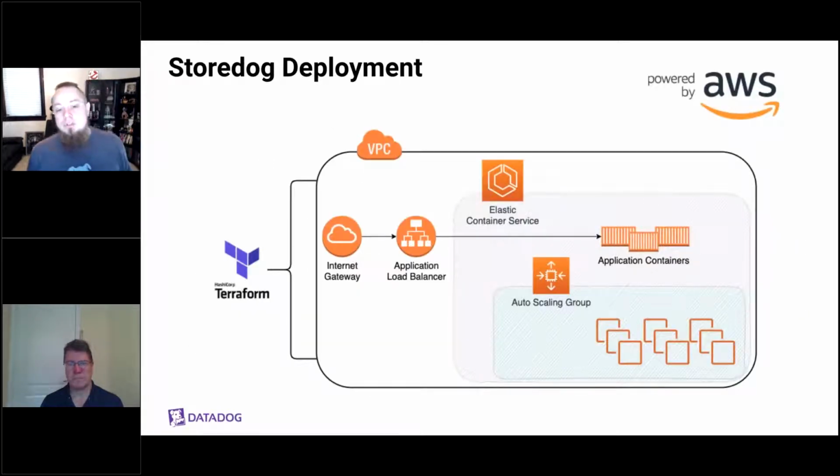Storedog was originally built locally with somebody on their laptop using Docker and Docker Compose, but now the application's in production and running in Amazon Web Services inside of Elastic Container Service with EC2. And the team was ahead of the curve, and they built all of this out with Terraform. They're managing the entire set of infrastructure with Terraform, starting with the VPC, ECS, load balancers, Route 53, the whole thing.